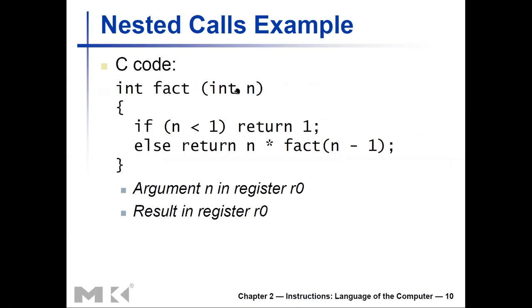Now in this example, the original argument is n, and if n was greater than or equal to 1, you will have to execute this line of code, which is going to be the code line that gets executed frequently in this example. So you have to get the factorial n minus 1 value into the R0 register, and then after you are done with this factorial call, you have to multiply that value with the original argument n.